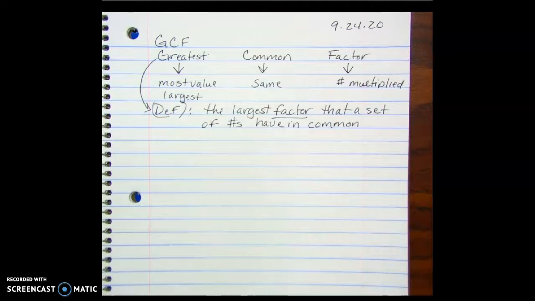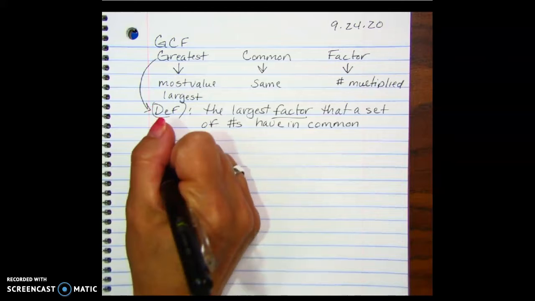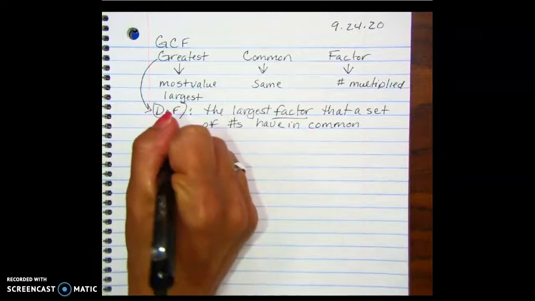All right, so we're going to start right away. We're going to look at all the different methods that there are to find the greatest common factor.